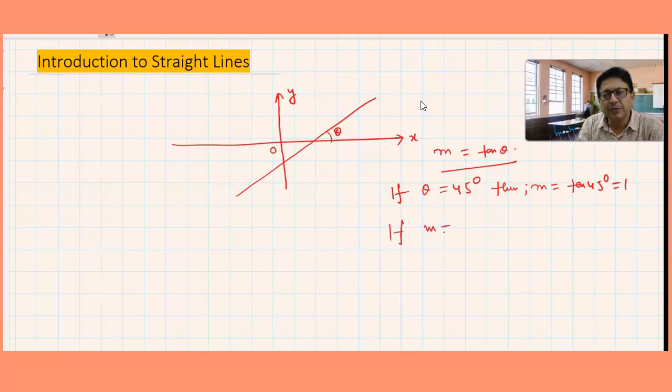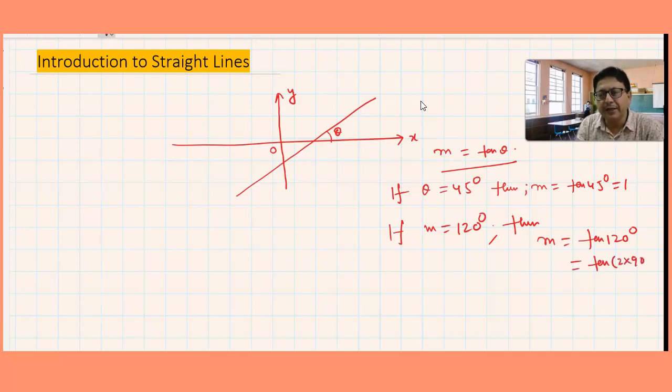If theta is equal to say 120 degrees, then m is tan 120 degrees. Its value is going to be tan of 2 into 90 minus 60 degrees. The angle lies in the second quadrant.